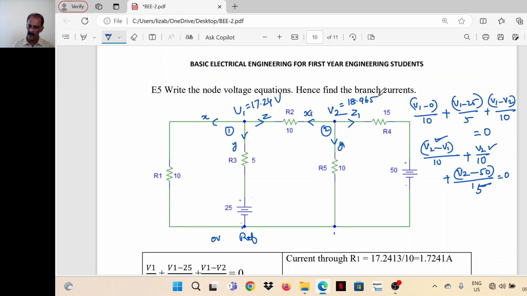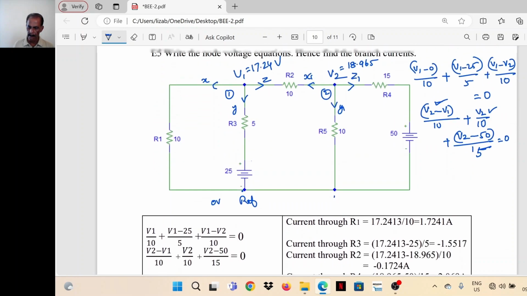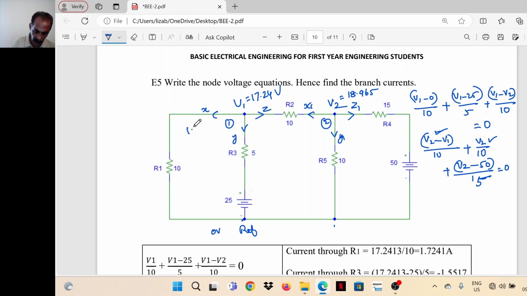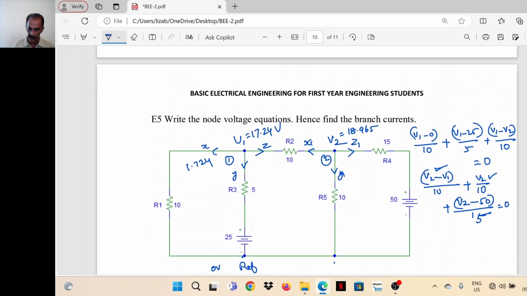So the branch currents are, just substitute: 17.24 minus 0 divided by 10, 1.724 is the value of X. Then Y is 17.24 minus 25 divided by 5, and its value is negative, 1.5517.